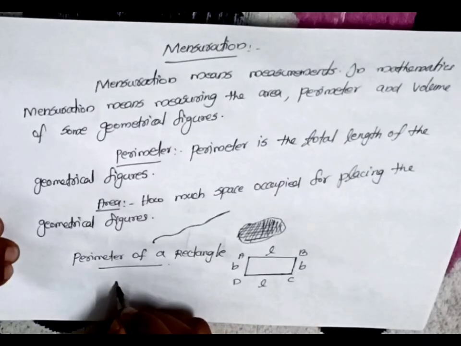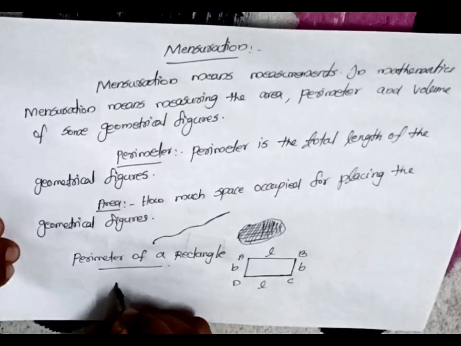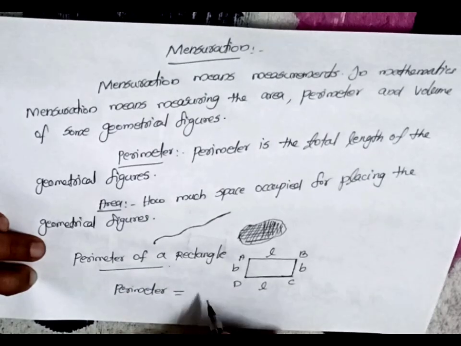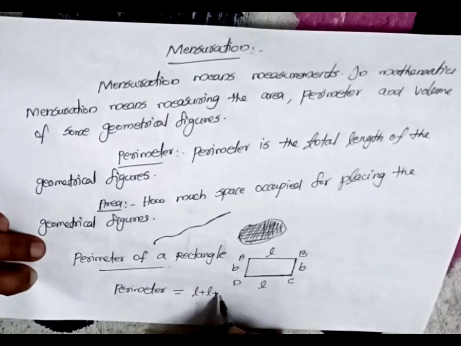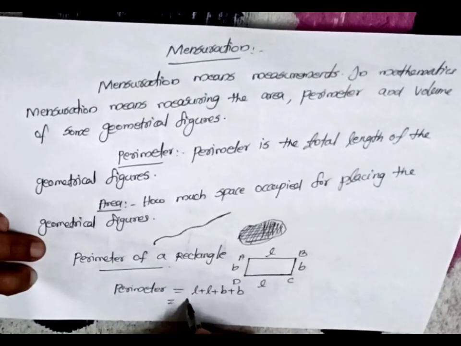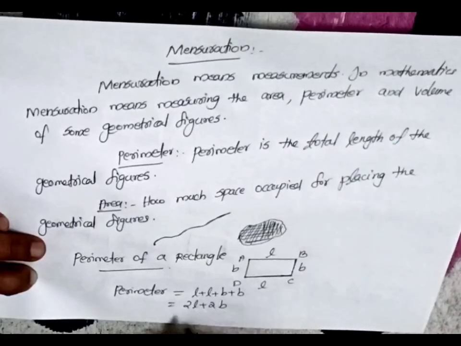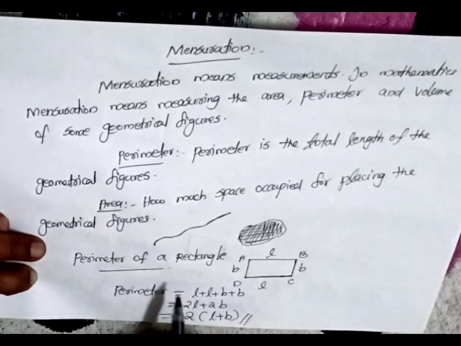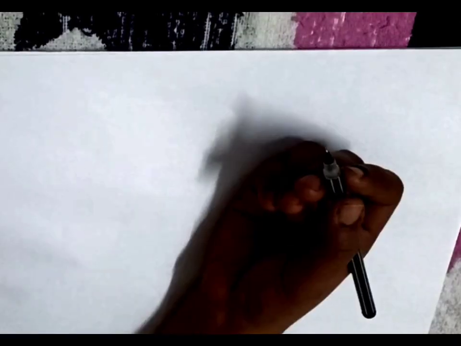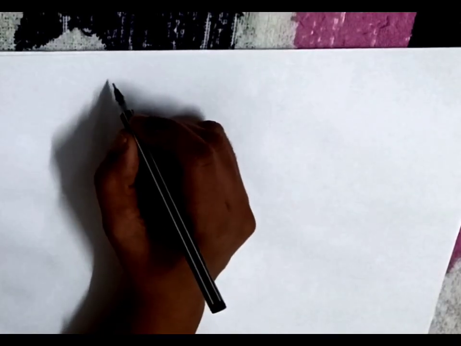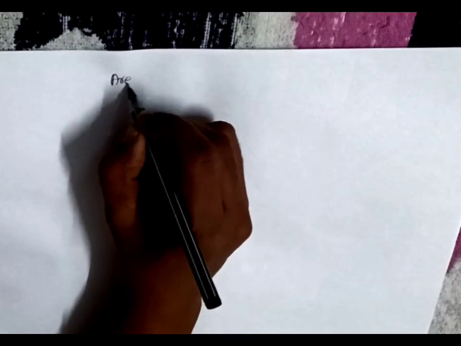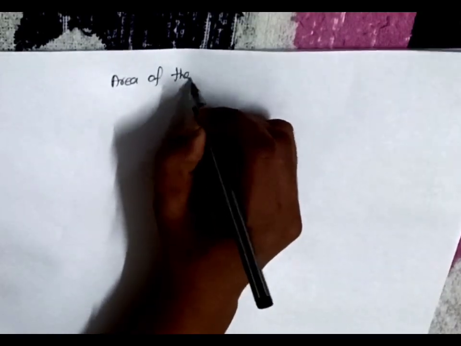The perimeter of the rectangle is equal to L plus B plus L plus B. That is equal to 2L plus 2B. That is equal to 2 into (L plus B). Therefore, the perimeter of the rectangle is 2 into (L plus B). Next, we have to find out the area of the rectangle. We know that area is equal to length into breadth.